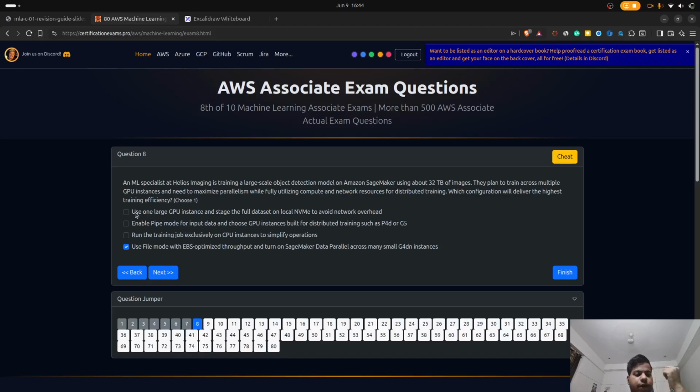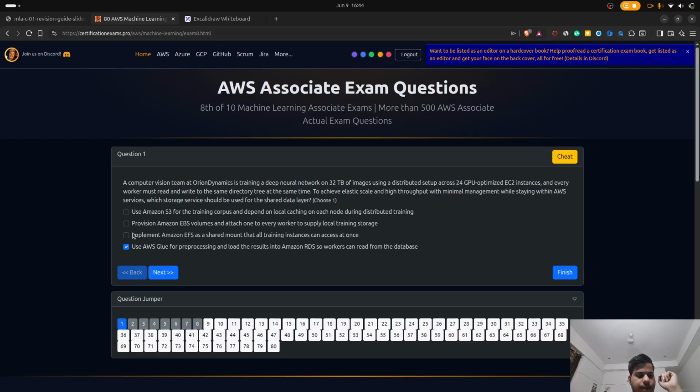I'm a little bit confused between the second option and the fourth option. Is it multiple correct? Were all the questions multiple correct? Okay.